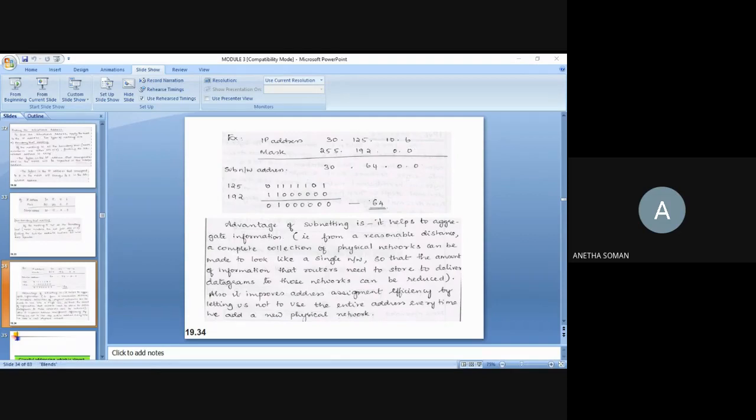So it improves the address assignment efficiency. These are the two important advantages of subnetting: one, it helps to aggregate information, and second, it improves the address assignment efficiency. Okay, so this is the concept of subnetting.